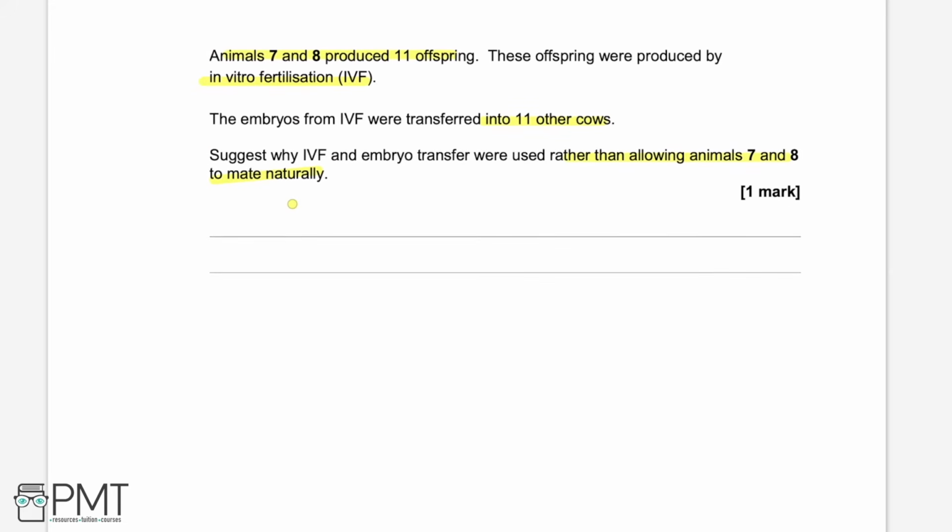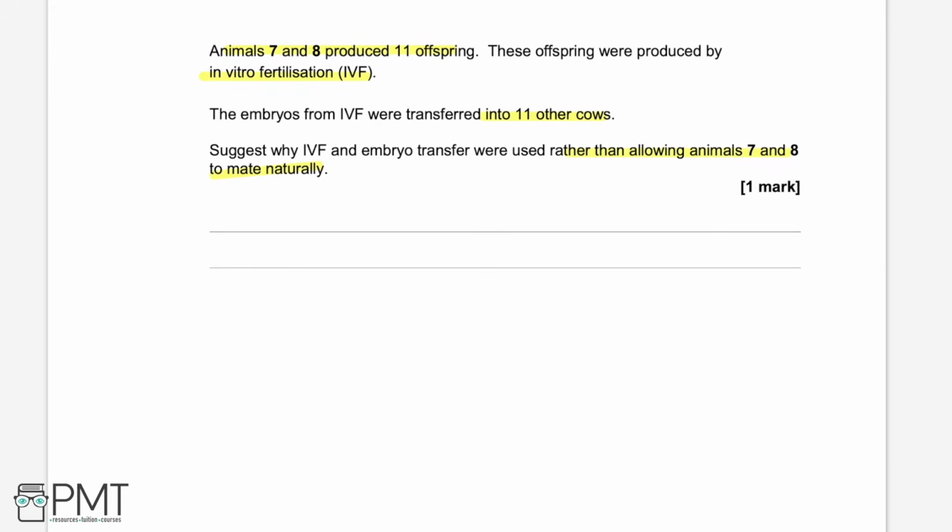Well, let's consider that 7 and 8 did mate naturally. Then, each mating season, which is roughly once a year, they could only produce one calf, or perhaps two if they were twins.